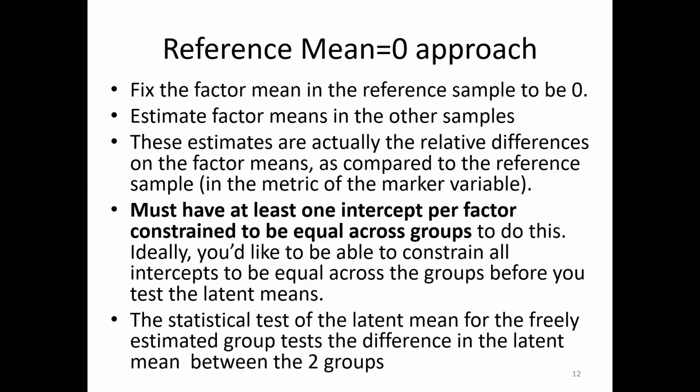It's just telling you whether the difference between the two groups on this latent variable is statistically significant. And so that, in my mind, is one of the big advantages of using this reference mean of 0 approach, because I actually then get a statistical test of the difference between the two latent means. It falls right out of my multiple groups analysis.